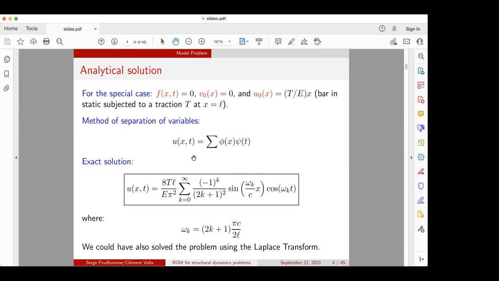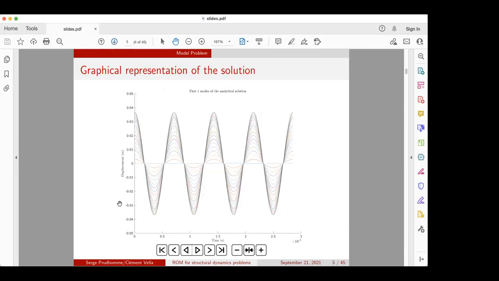Okay, so this is the solution, and this is the solution that we get using this analytical formula.